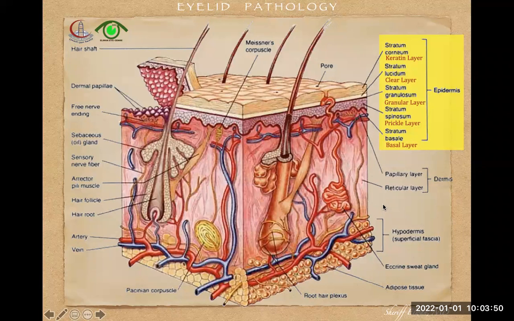And the second stratum of the skin is the dermis, and the dermis is a thick layer of connective tissue with a papillary distinct layer next to the epidermis, and then the reticular layer.